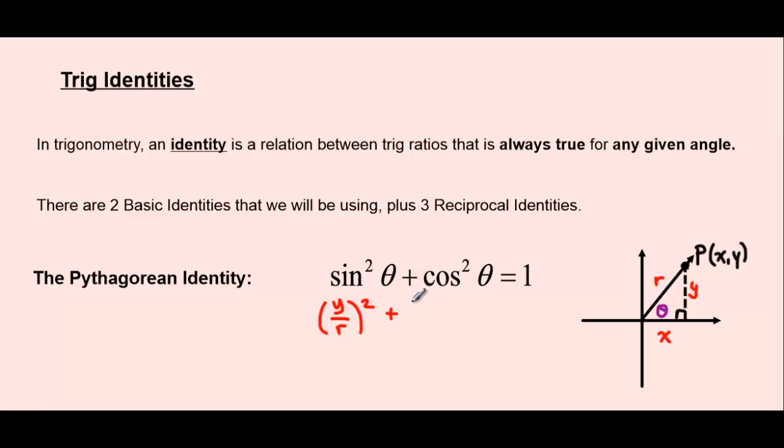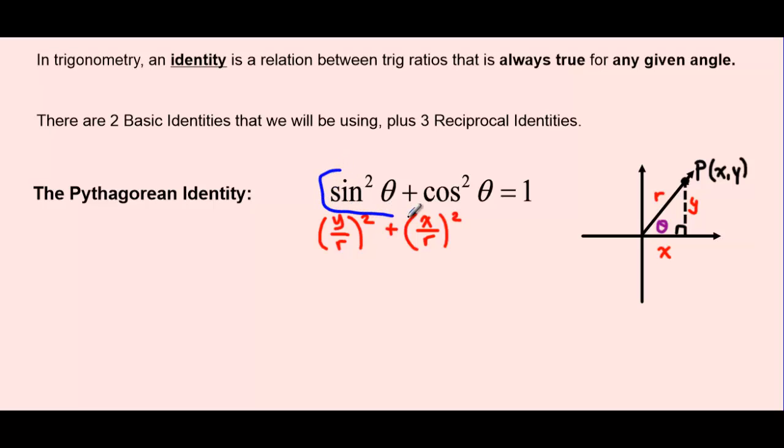So we can write this as x over r all squared. Of course, right now I'm just focusing on this section of the identity right here, so I'm just going to put an equal sign just for this section.